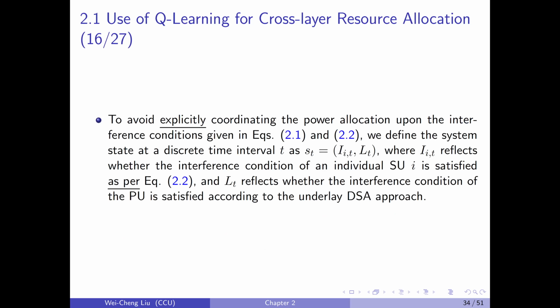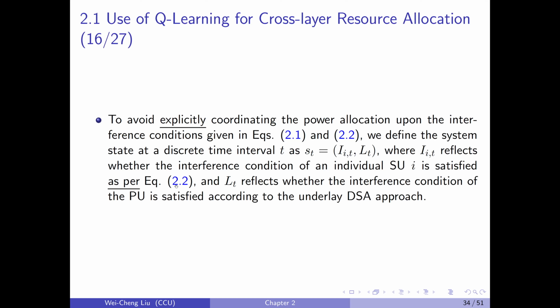Here we define the system state at a discrete time interval t as s_t equal to the pair (I_t, L_t), where I_t reflects whether the interference condition of an individual secondary user i is satisfied as per equation 2.2.